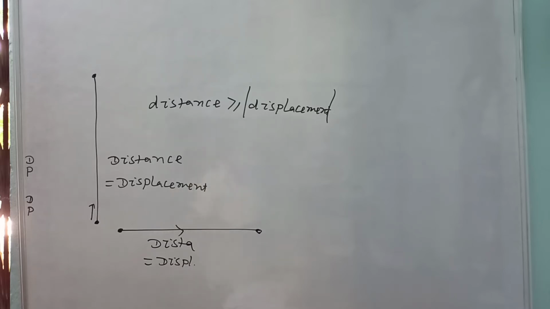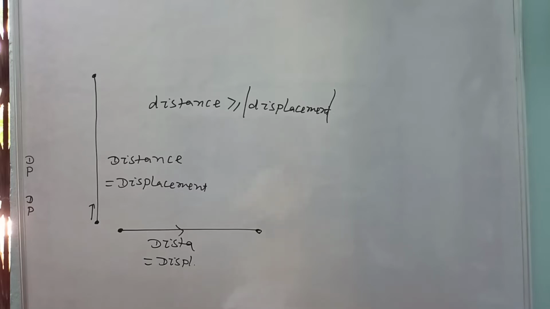When we solve numericals in kinematics, in most cases you take distance equal to displacement. Why?